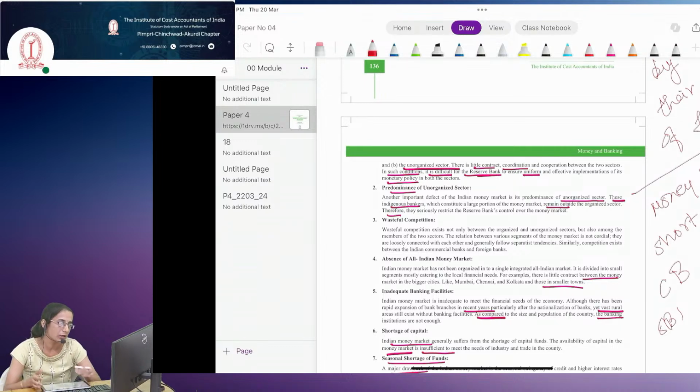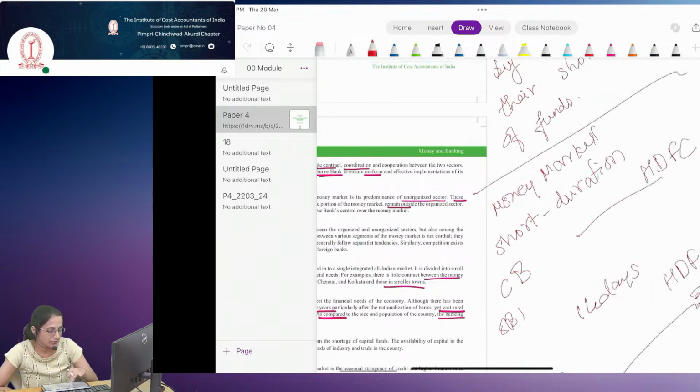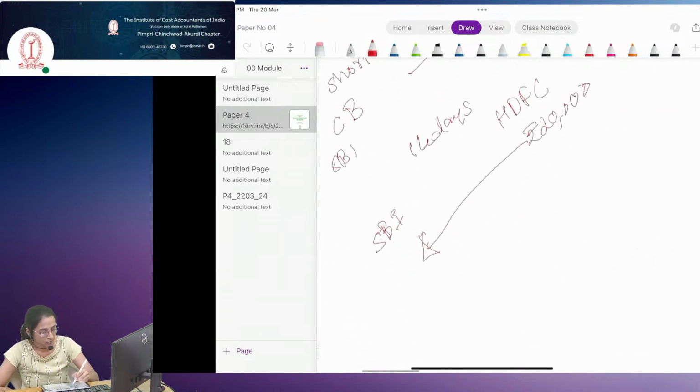The problem you got, Sheila, is that the unorganized sector, that is the indigenous banks, are large in numbers in this money market. The portion of indigenous banks and money lenders is huge in the money market. So the portion of unorganized sector is more than the organized sector.